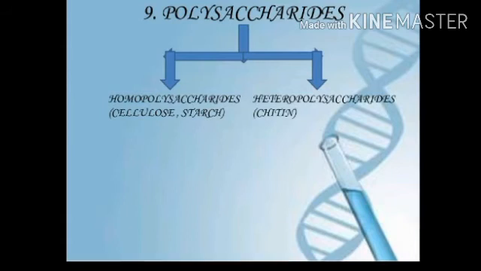For example, cellulose and starch are made up of only glucose molecules. Heteropolysaccharides are those polysaccharides which are made up of different types of monomer units. Example, chitin or fungus cellulose.